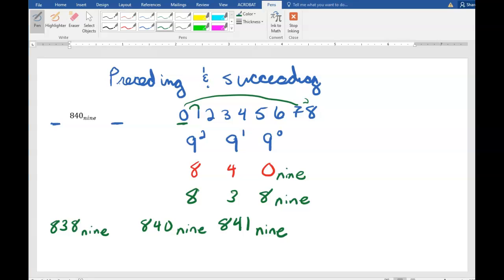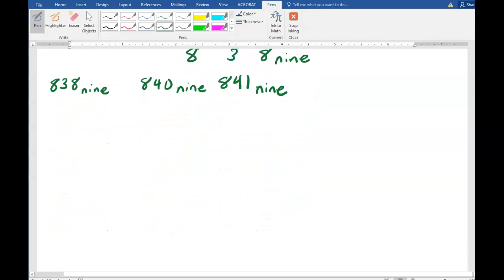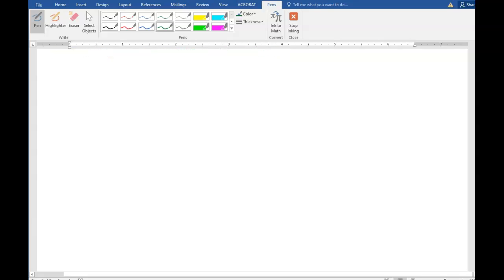Now, let's look at another one of these, which is a little bit different because it's got a lot of zeros in it. So let's look at this one where we're looking at base 8.